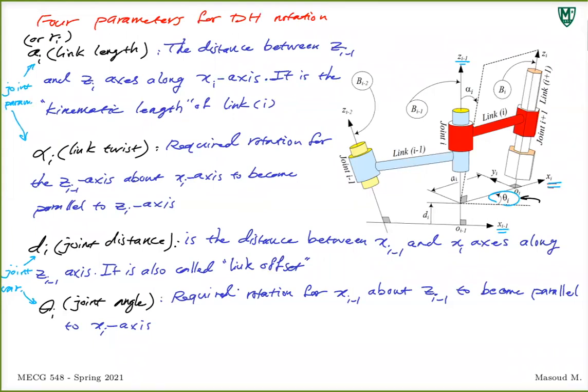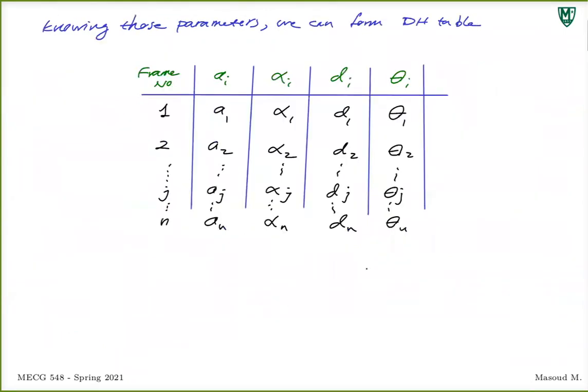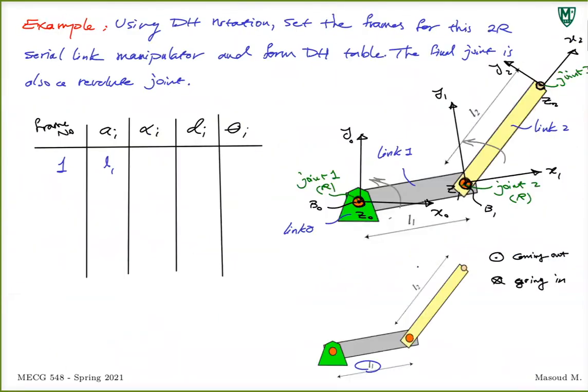So if you plug in i equal to 1, your alpha 1 would be the angle that z0 has to rotate about x1 to become parallel to z1.